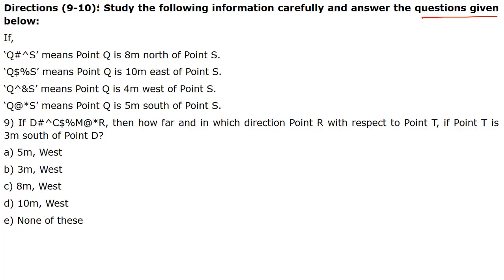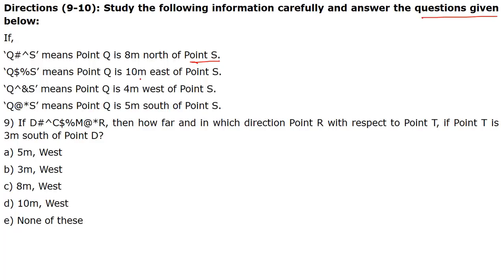Q hash S means point Q is 8 meters north of point S. Q dollar percentage S means point Q is 10 meters east of point S. Q cap S means point Q is 4 meters west of point S. Q at the rate star S means point Q is 5 meters south of point S. Alright, this is what is given to us here.